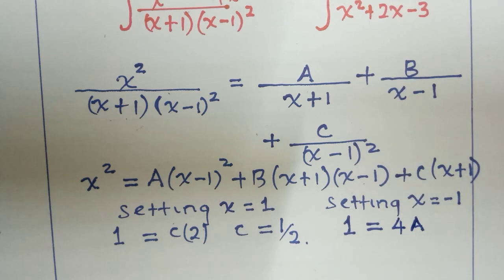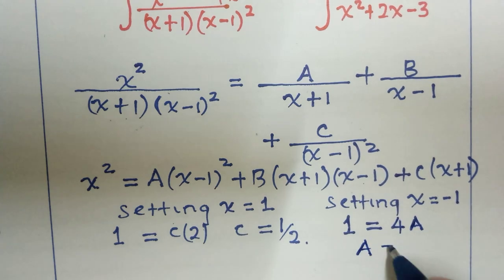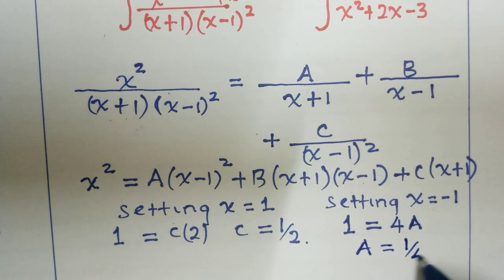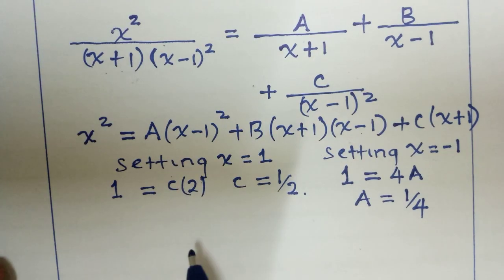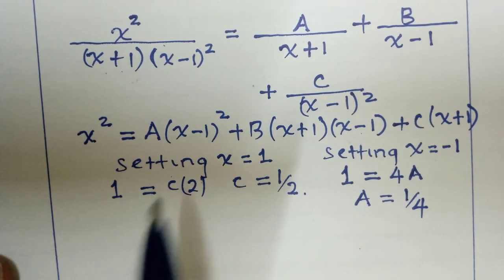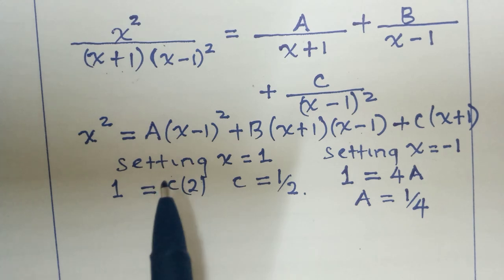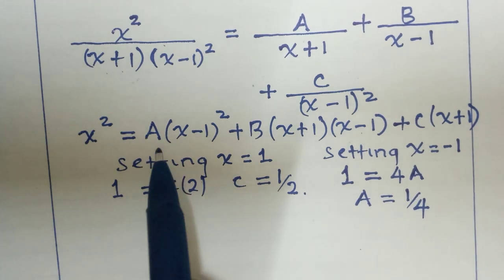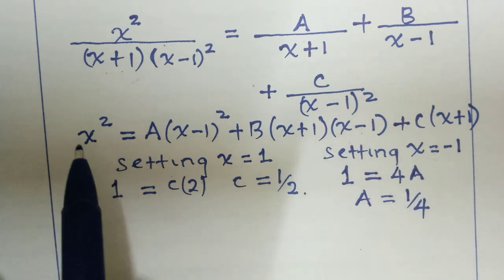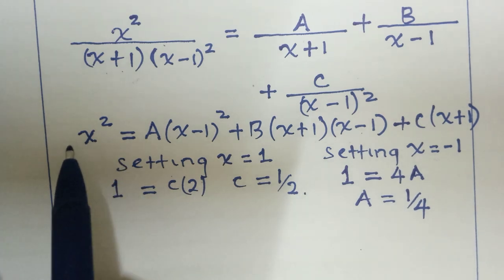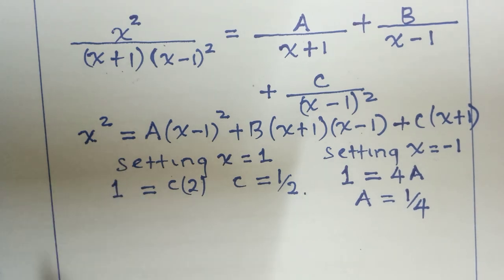And so, guys, we shall have the value of a as being 1/4, like that. So from there, guys, we can now think about the coefficient. And the best coefficient, guys, to think about is actually x squared. For this side, the x squared coefficient, let's talk about coefficient.